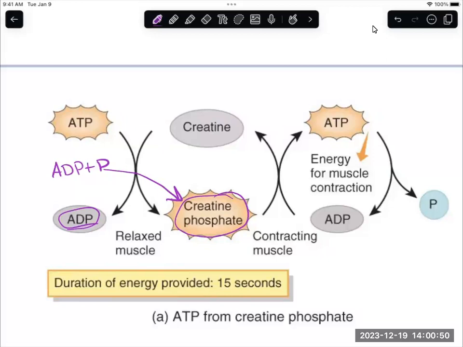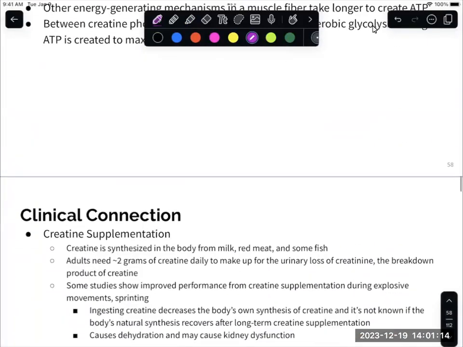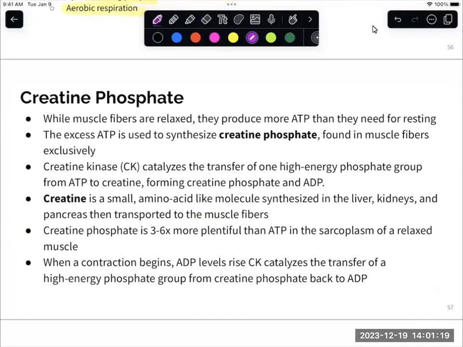When we go to do something, this usually gives us the first 15 seconds of our muscle contraction. Because when we need that ATP, we take that phosphate off of creatine and put it back on that ADP to make our ATP. So that creatine phosphate is one of our ways to make energy.